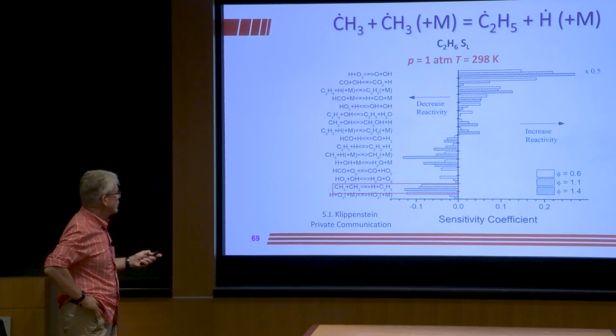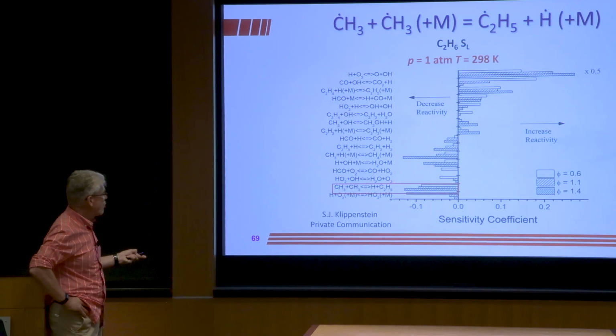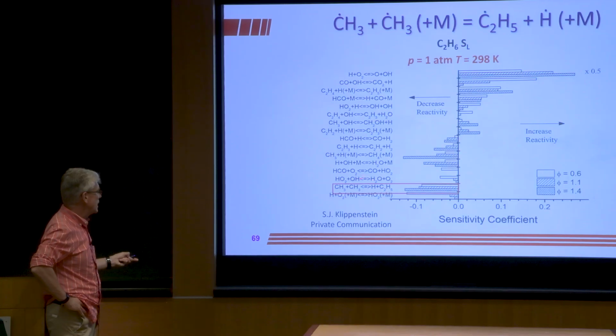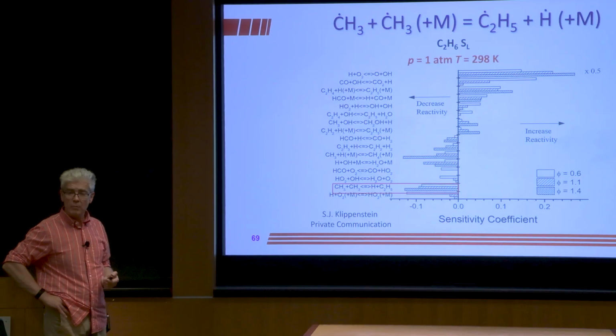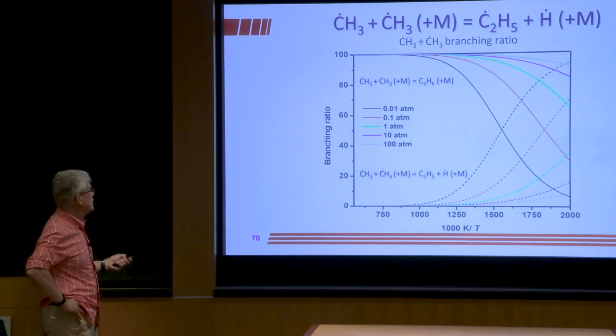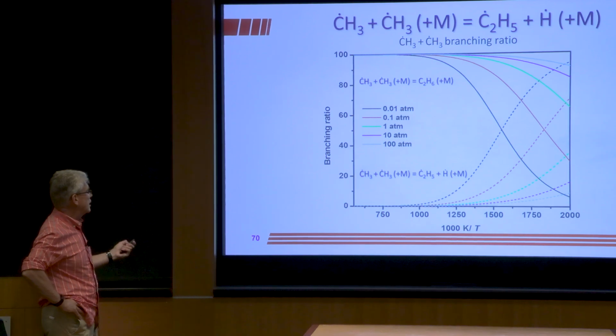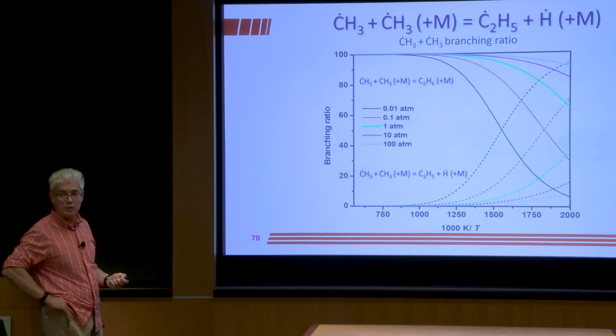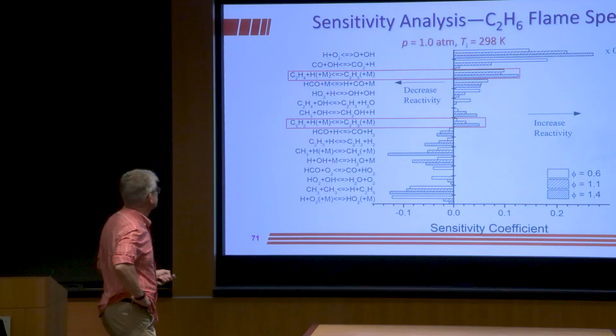Another one that's important at low pressure, in low pressure flames, is this one, methyl plus methyl gives H plus ethyl. That's not so important at high pressures, but it is important in low pressure flames. And you have to be careful about including an accurate rate constant for that too. Okay.